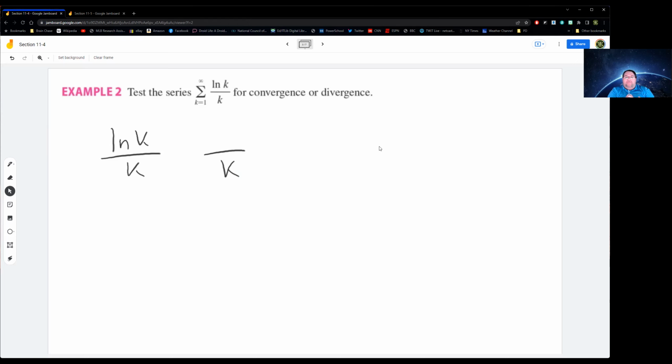We want to find things that we can compare it to, and we want to pick things that we know either converge or diverge. But they have to have some relationship back to the problem. So in this problem, I'm actually going to make this 1/k, because I know that the ln of k is always going to be greater than 1.